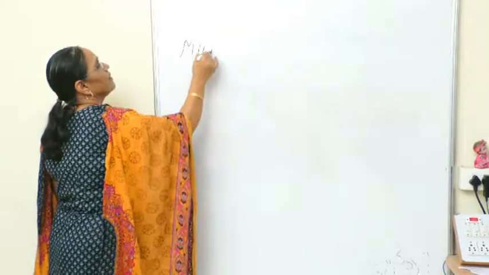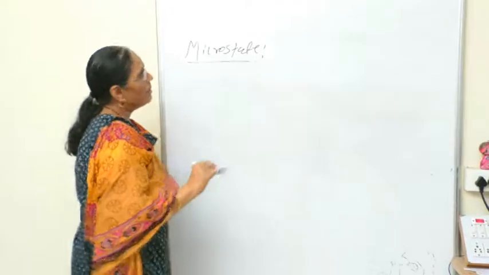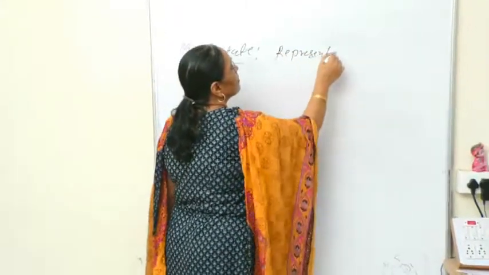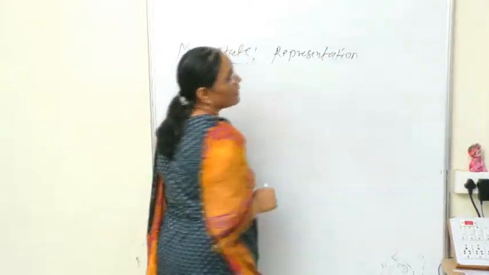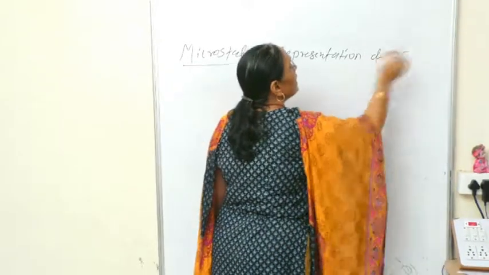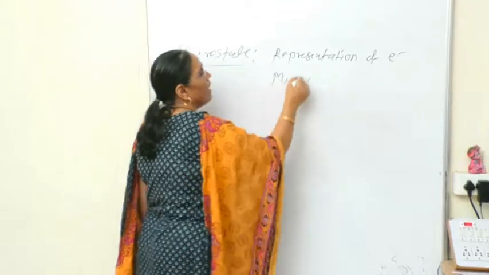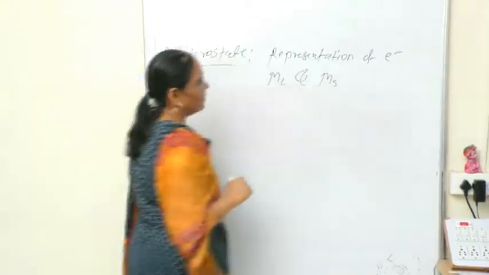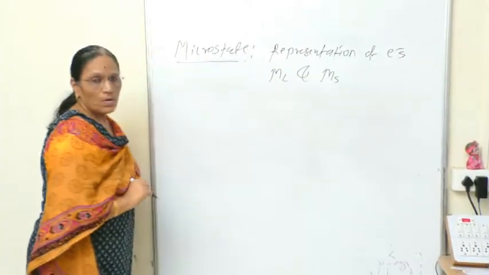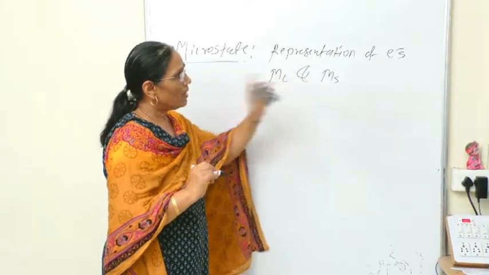Microstate is simply the representation of electrons. A microstate, also called a term wave function, is the representation of electrons with the help of ml and ms values, that is, total orbital quantum number and total spin quantum number.